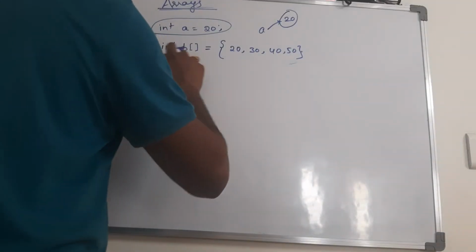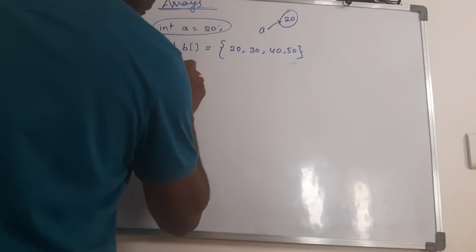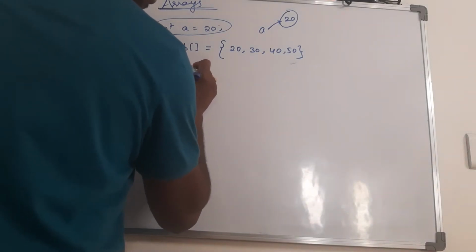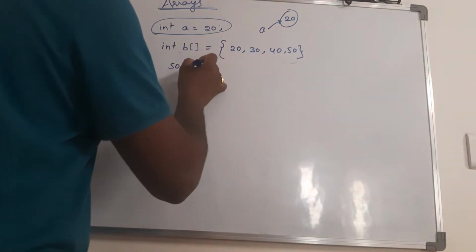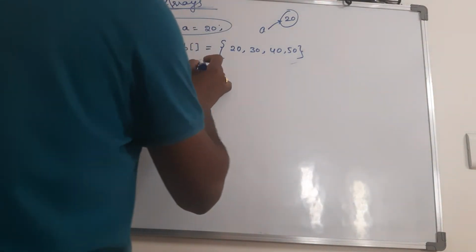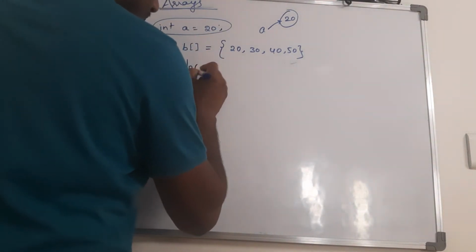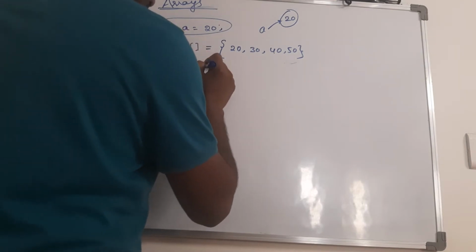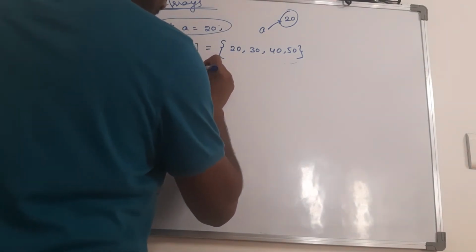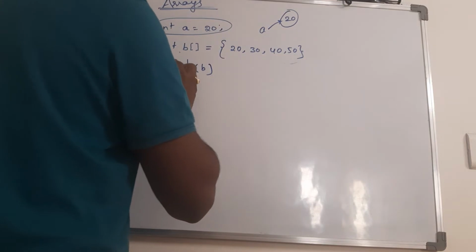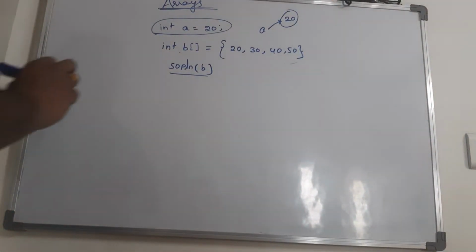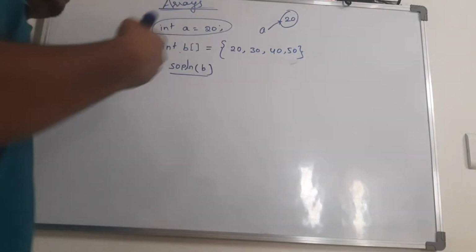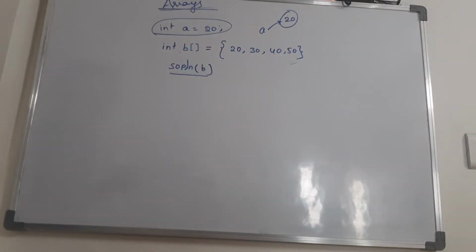System.out.println(b). First of all, I want to print all the values.